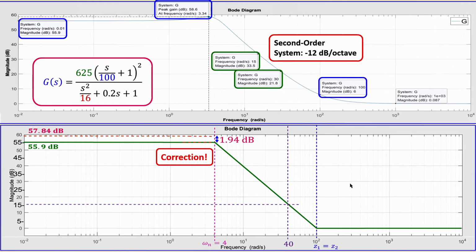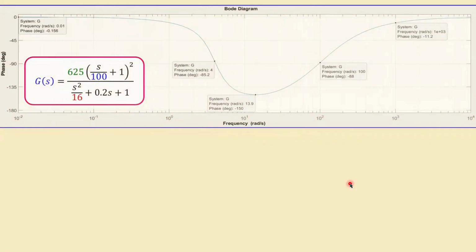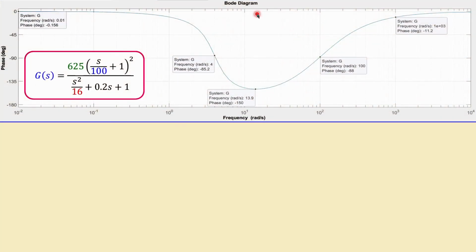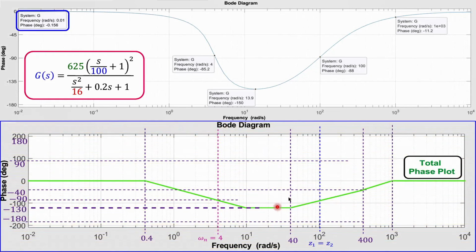Okay, now let's move on to the next one, which is the comparison of the plot for the phase we have from the simulation, with what we have drawn for the phase plot using, again, asymptotic approximation. Now, without going into the details, just looking at the shape of this actual curve for the phase and also the shape of our curve, we can see it looks quite similar.